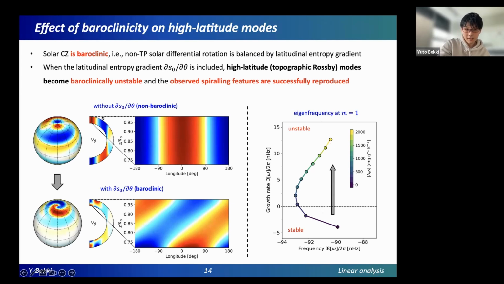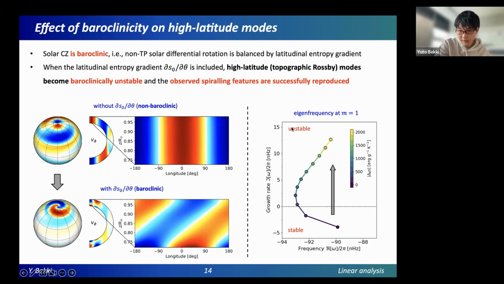This is the eigenmode where the latitudinal entropy gradient, this dS/dθ term, is switched off. What we get is this topographic Rossby mode. The vortices are almost parallel to the z-axis, and the mode is stable.